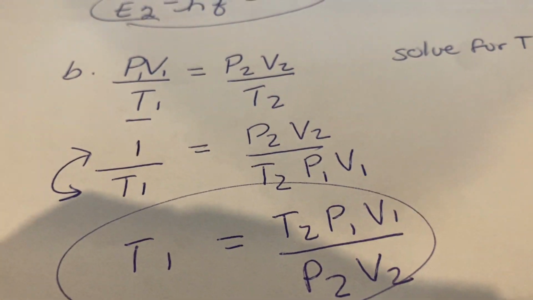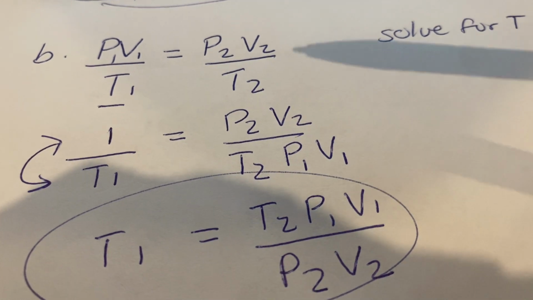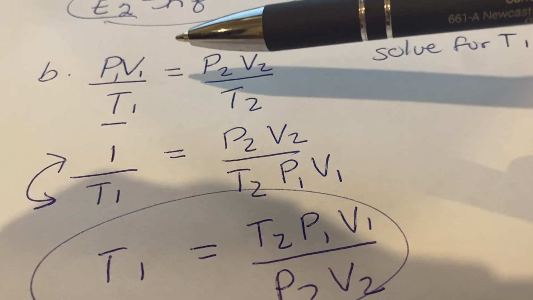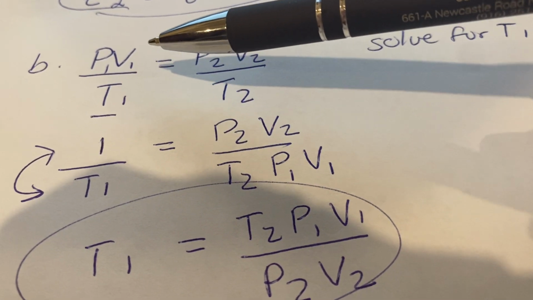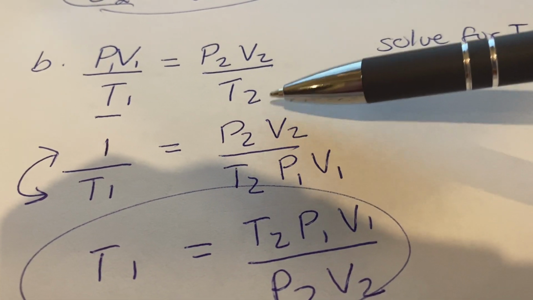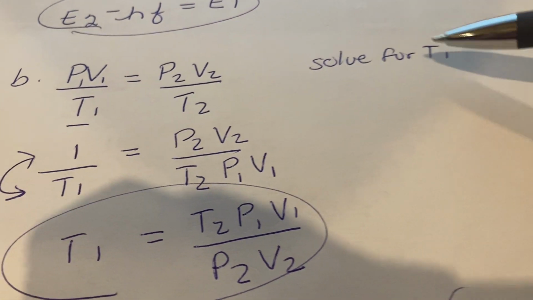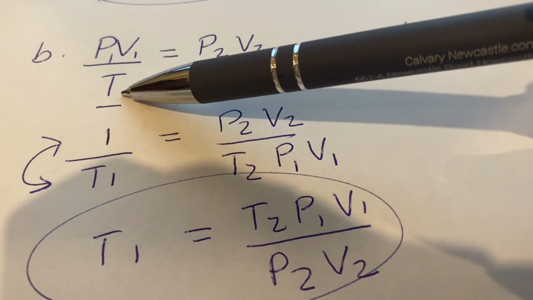B. This is a little bit more complicated. You're going to have P1 V1 over T1 equals P2 V2 over T2. So what are you going to solve for? T1. We want to solve for this.